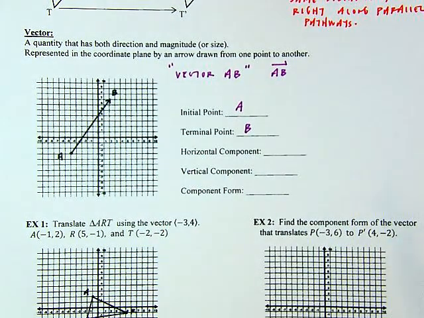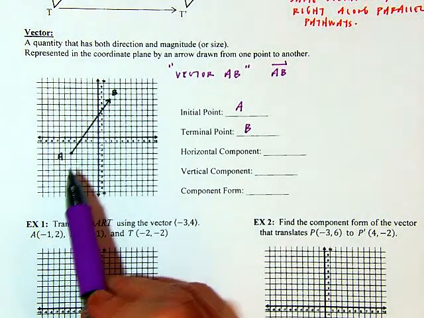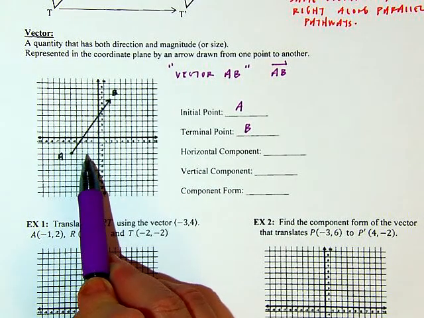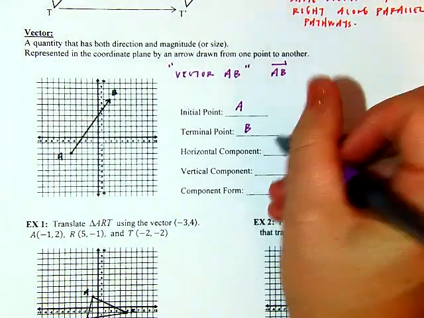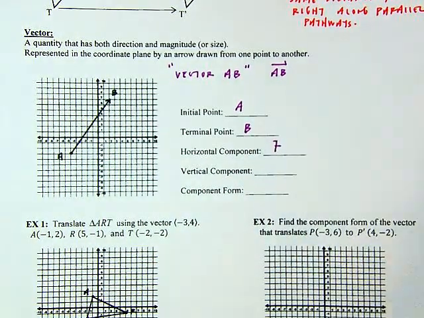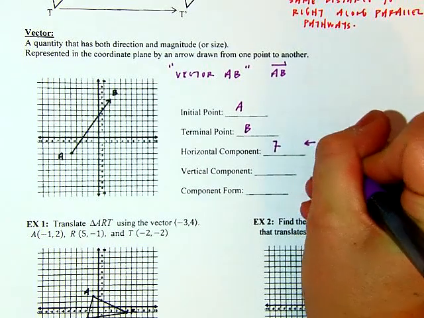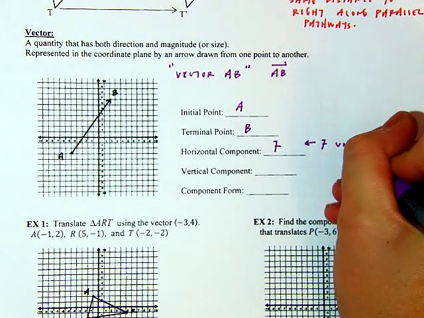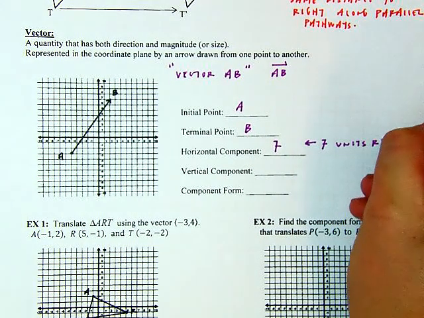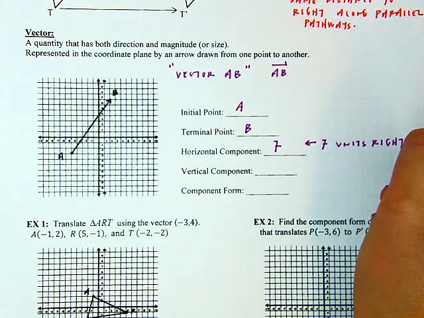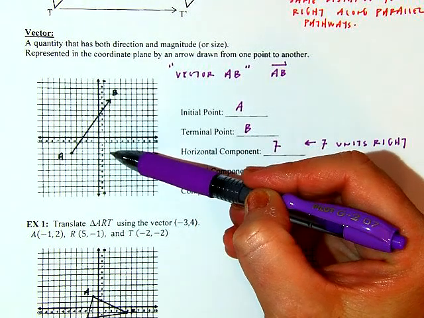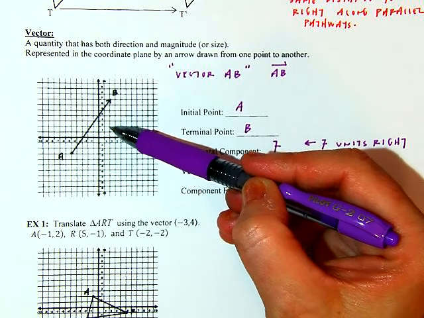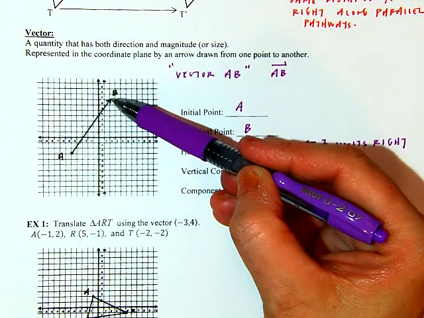Okay, the horizontal component is simply, well, what is the horizontal change? Well, we've gone right 1, 2, 3, 4, 5, 6, and 7 units. So I'm going to put a 7 here. That means 7 units to the right. And then the vertical span is up 1, 2, 3, 4, 5, 6, 7, 8, 9, and 10.